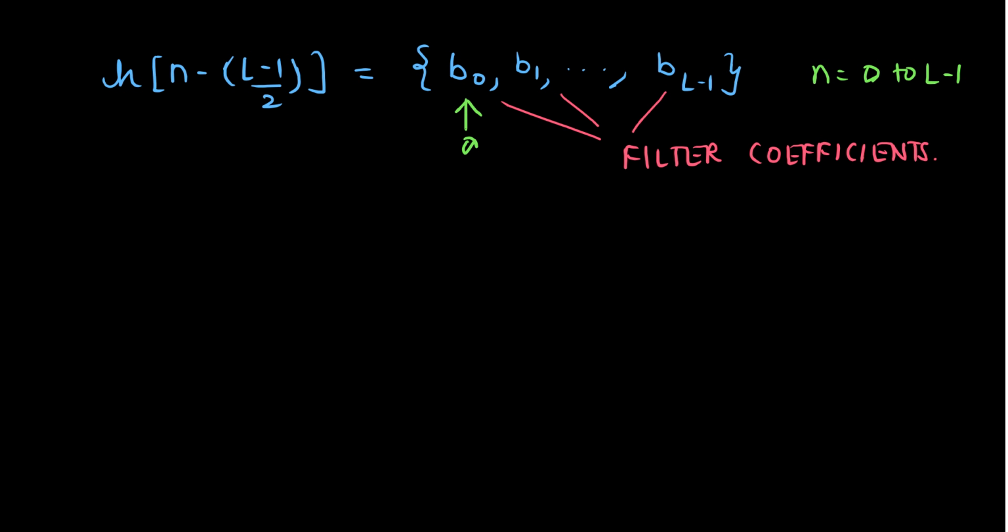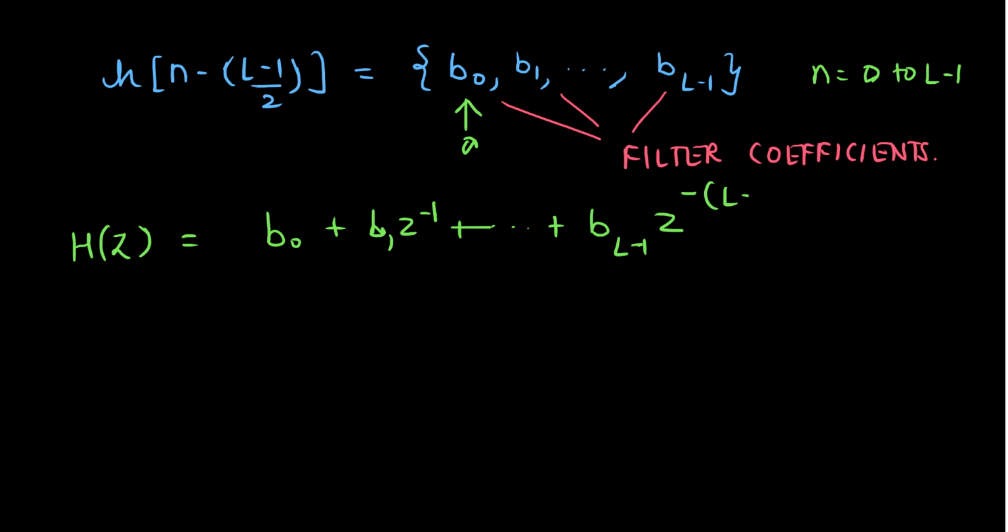Now if we find the Z transform of this system, we have H of z equal to b0 plus b1 z inverse and so on up to b of L minus 1 into z to the power minus (L minus 1).